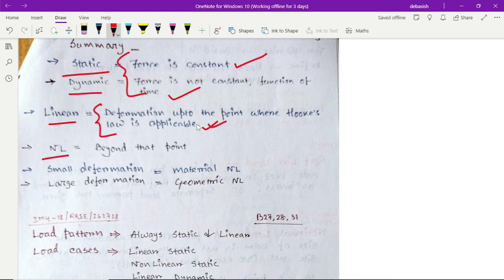In case of non-linear analysis, Hooke's law cannot be applicable. It is beyond the range of yield point. And next is small deformations. We can perform material non-linear analysis for that. For large deformations, we can perform geometric non-linear analysis. So these are the summaries.